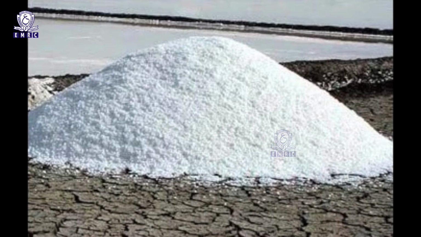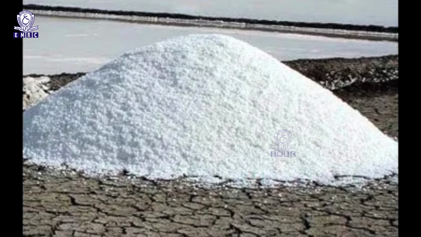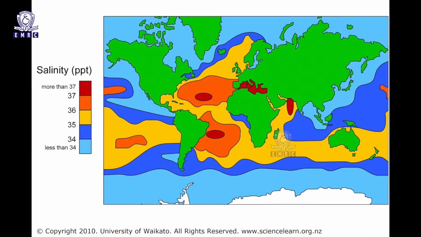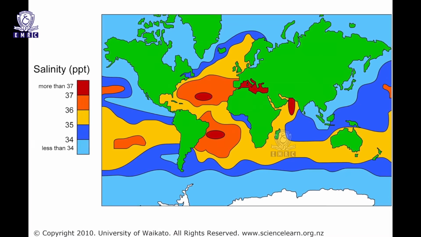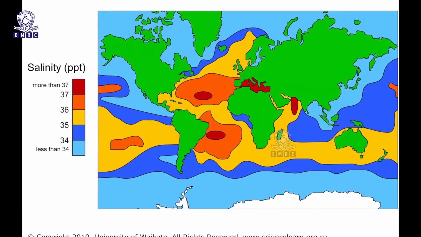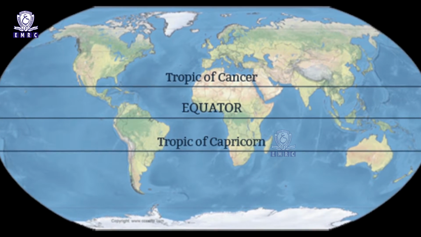Evaporation due to high temperature with low humidity or dry conditions causes more concentration of salt and overall salinity becomes higher. For example, salinity is higher near the tropics than at the equator, because both the areas record a high rate of evaporation, but with dry air over the tropics of Cancer and Capricorn.